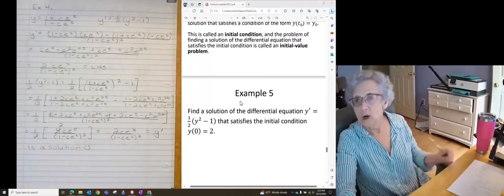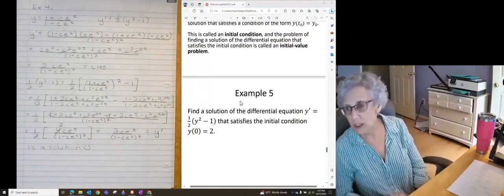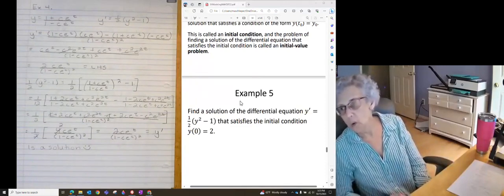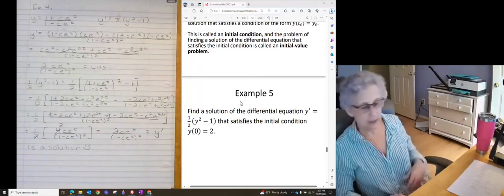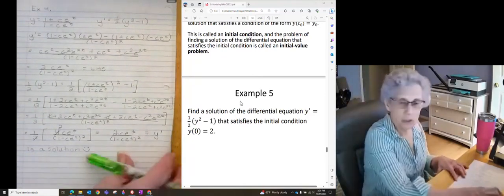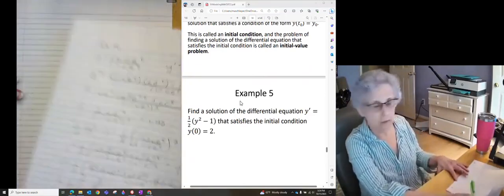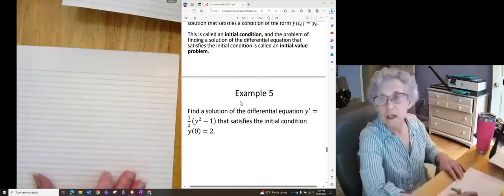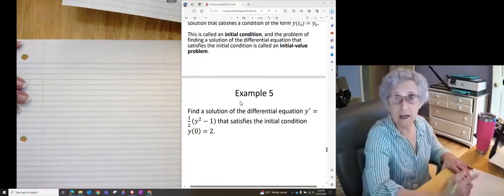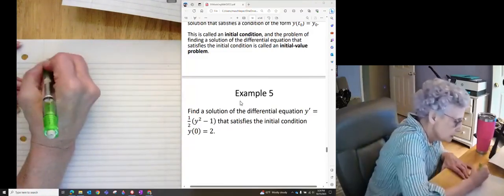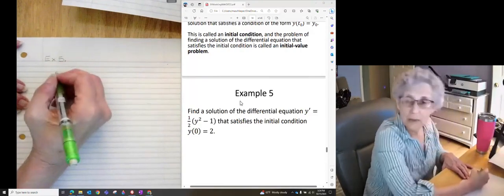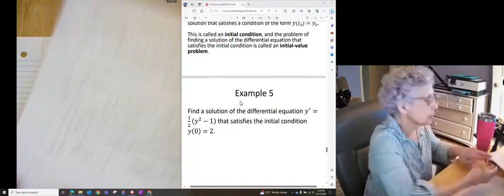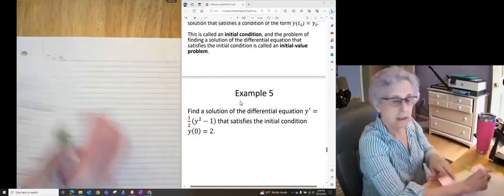So now we want to find a solution of the differential equation y prime equals 1/2 of (y squared minus 1) that satisfies the initial condition y of 0 equals 2. So we know what it looks like. Luckily, we don't have to solve this equation because we don't know how to do that yet. But we do know that our general solution looks like this.